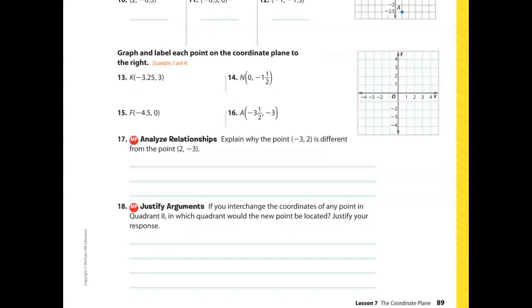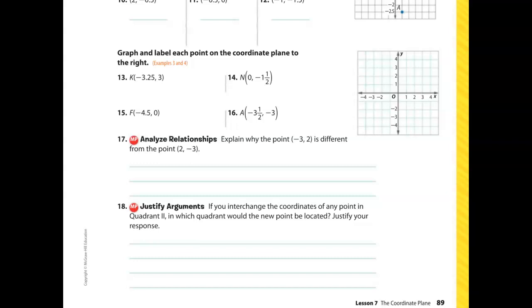Okay, for the next practice problem we're going to do together, it says to graph and label each point on the coordinate plane to the right. So we're going to label this point coordinate ordered pair K. The first value is -3.25, which is the same as 1/4.